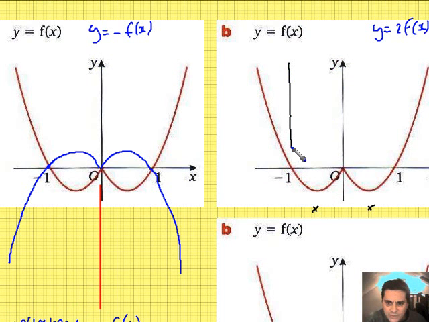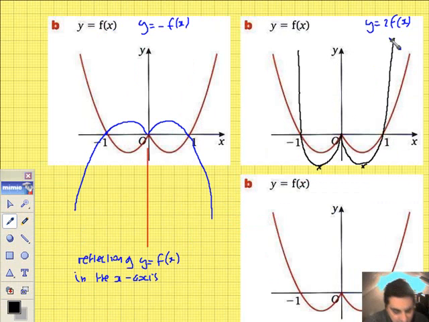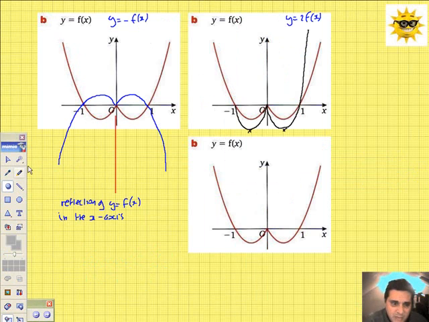We'll pass through this point, up to here, then up through the point 1, 0, and like so. Alright, it's very hard to draw. It's effectively a stretch in the y direction by a scale factor 2. Very, very hard to draw that. Yeah, there's no visible change compared to the original, except this is meant to be more stretched. I suppose I ought to make it look a bit more like the original by doing this.